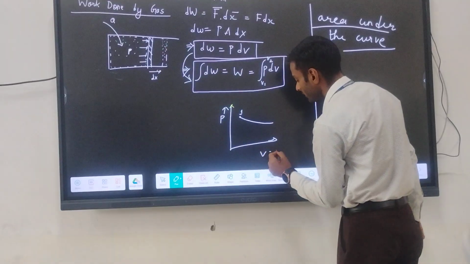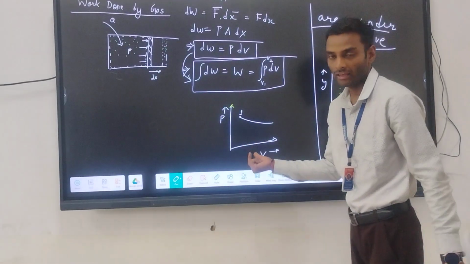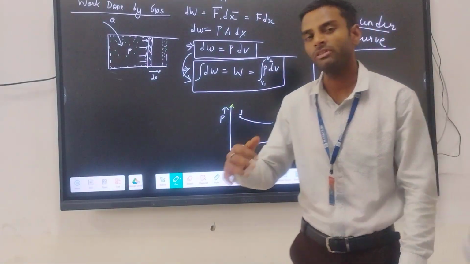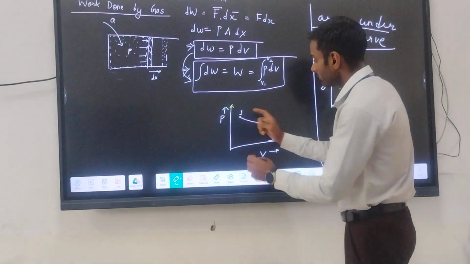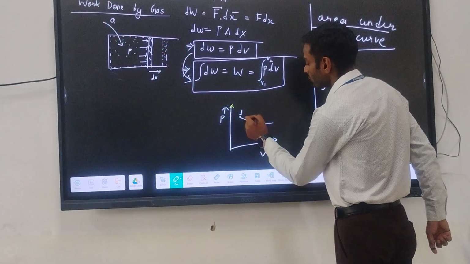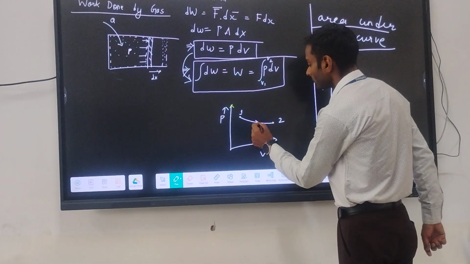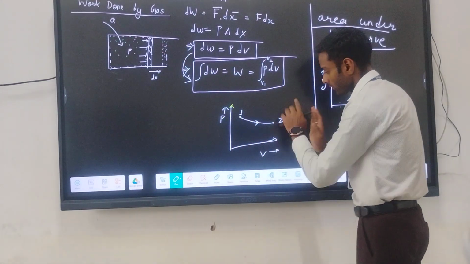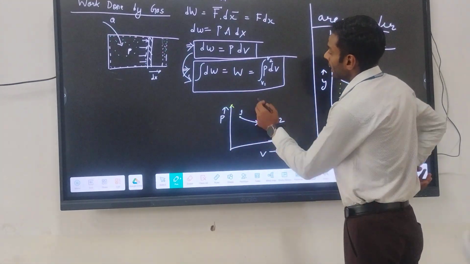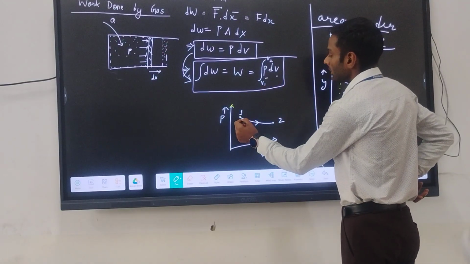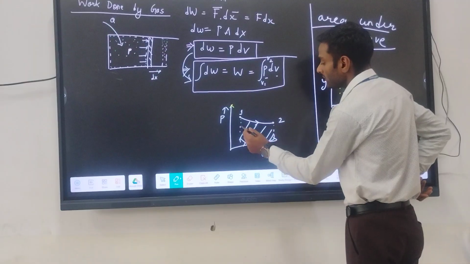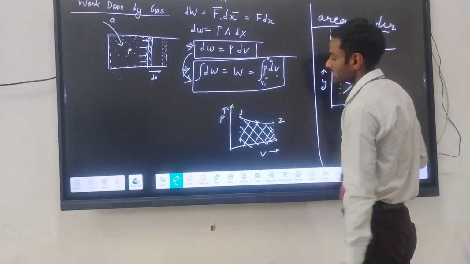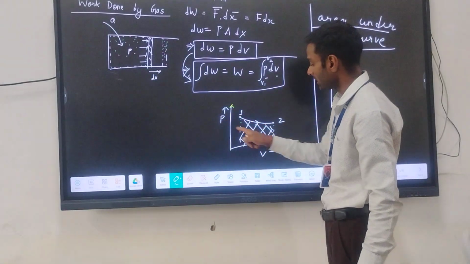Suppose from state 1 to state 2 on a PV graph, an indicator diagram. An indicator diagram is the relation between P and V, okay? So this is an indicator diagram which changes its state from 1 to 2 through this process. So the integration of P dV gives the area under the curve in the PV diagram.